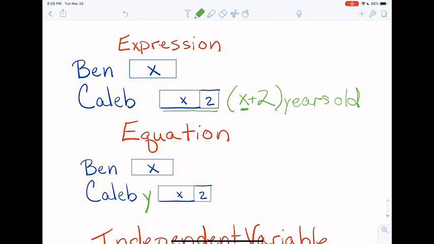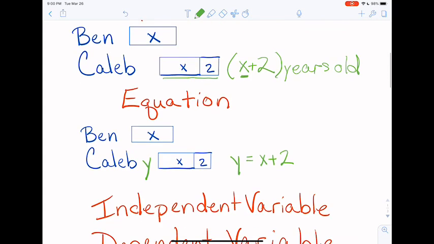We're going to call him Y. So Ben is X and Caleb is Y. So Ben is X years old and Caleb is Y, which equals X plus 2. So that is going to be our equation. We know that Caleb, we're calling him Y, and that Y equals the X plus 2.